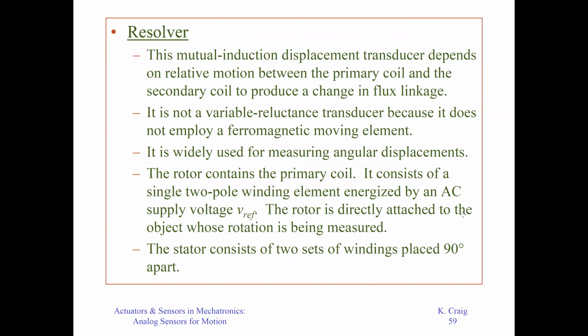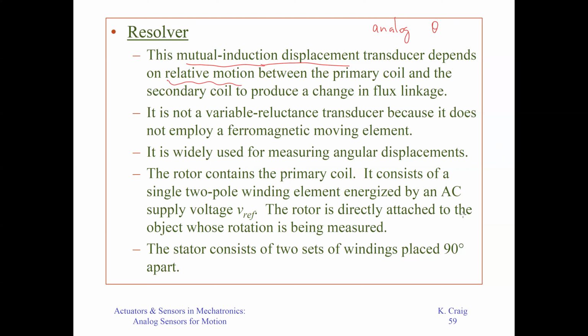There's also something called a resolver. A resolver is not used so often. In the old machines, they're still using that. You can think of this as kind of an analog type of device to measure the motion. This is called a mutual induction displacement transducer.